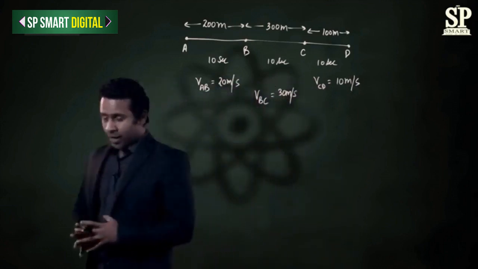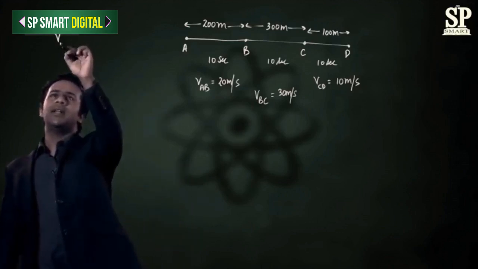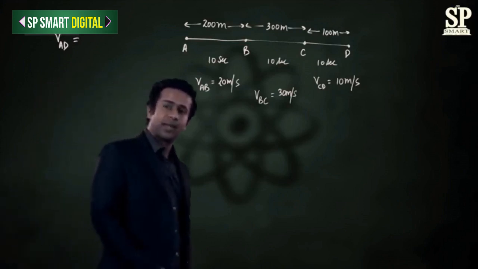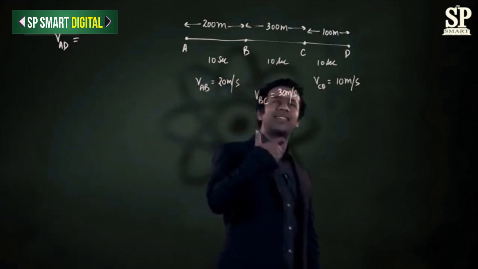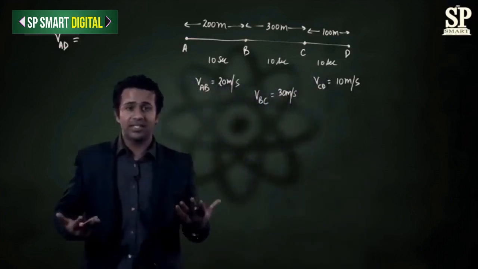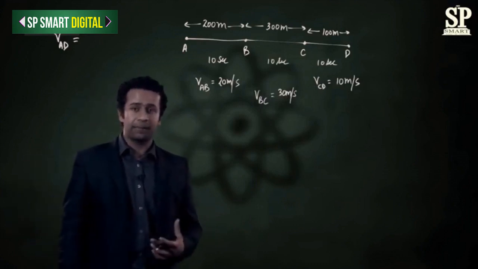Now, if you were to find the speed in the interval A to D, what would that be? That would be 200 plus 300 plus 100, because that would be the total distance covered, right? And speed is distance covered by time taken.